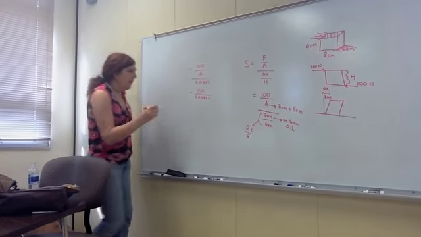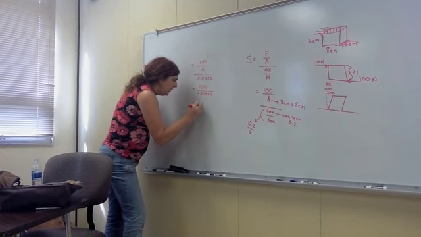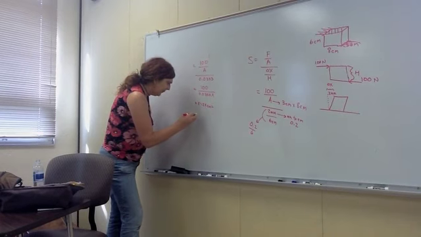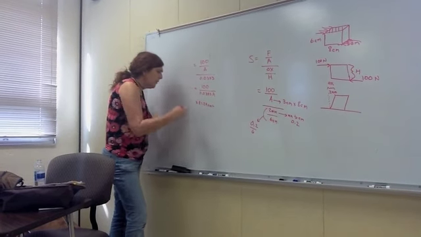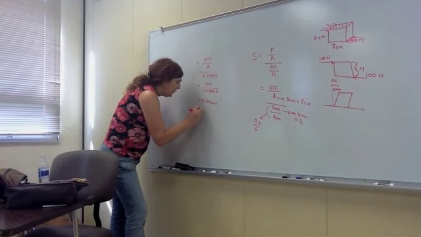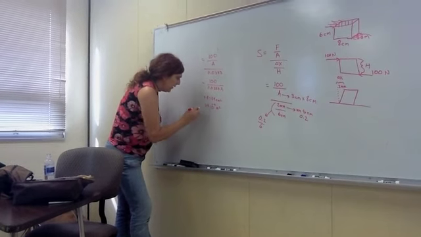Okay, so again, we have 3 times 8 is 24 centimeters squared. And the conversion factor to go from centimeters squared to meters squared, we'll have 24 times 10 to the minus 4 meters squared.